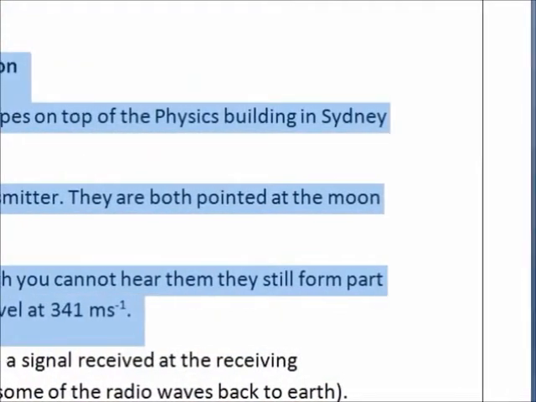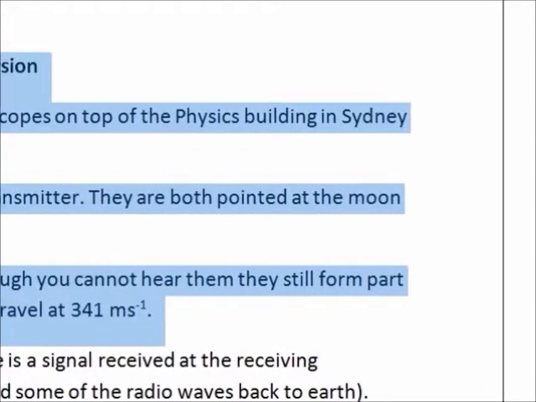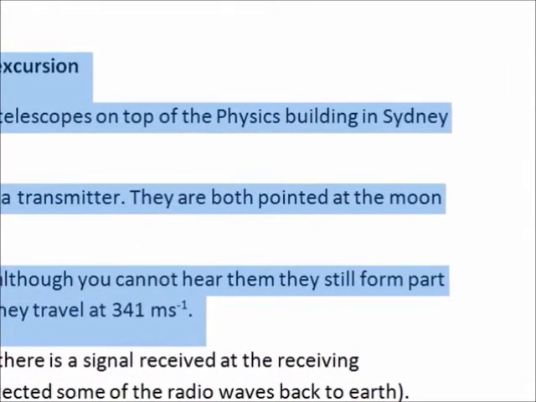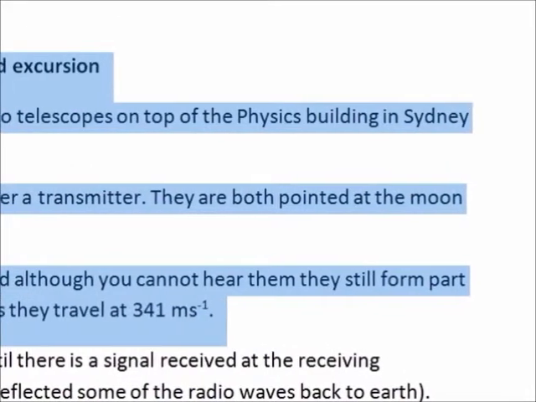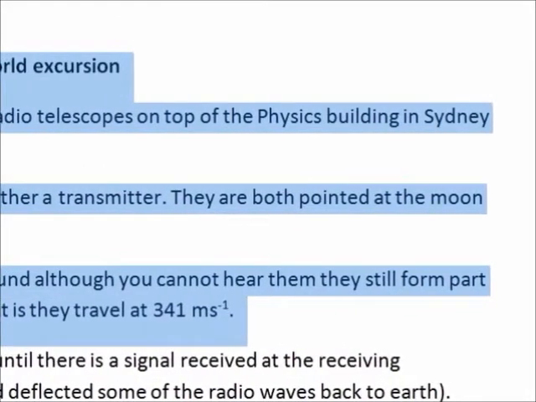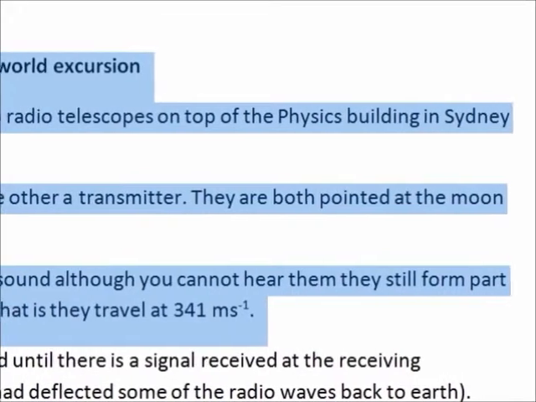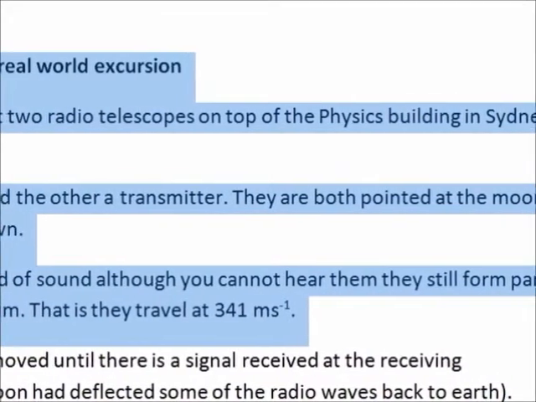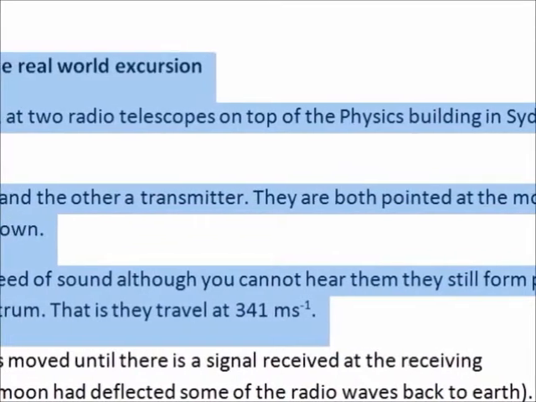At the end of the unit of work, there's a little excursion arranged, visiting the Sydney Uni physics building in Science Road, I believe. Sydney University's physics building has 2 radio telescopes on top of the building.